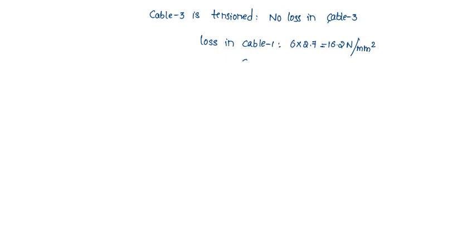Whereas loss in cable 2 will be equal to alpha into Fc, that is 6 into 2.7, 16.2 Newton per mm square.